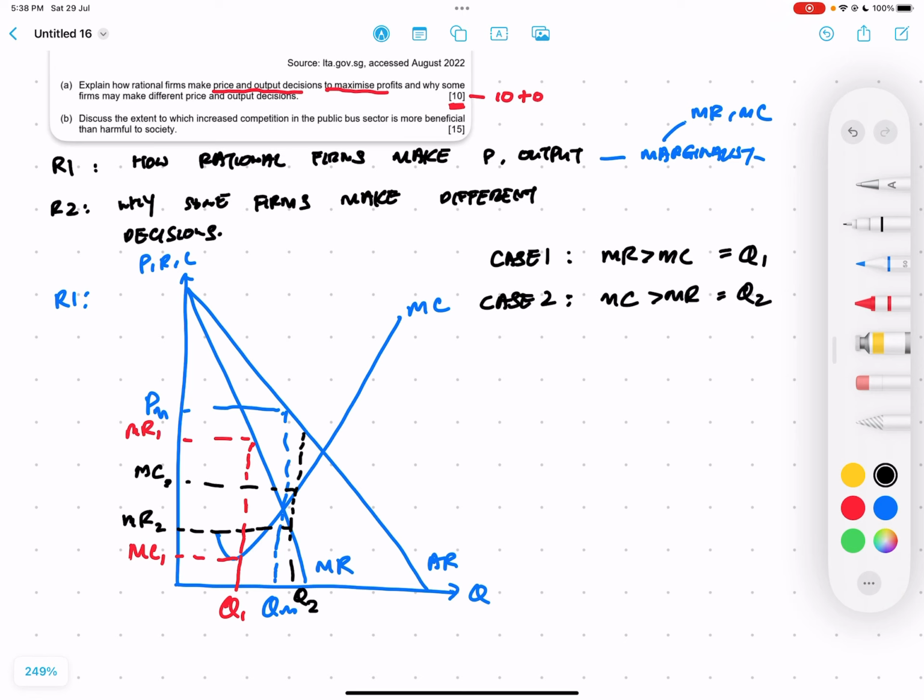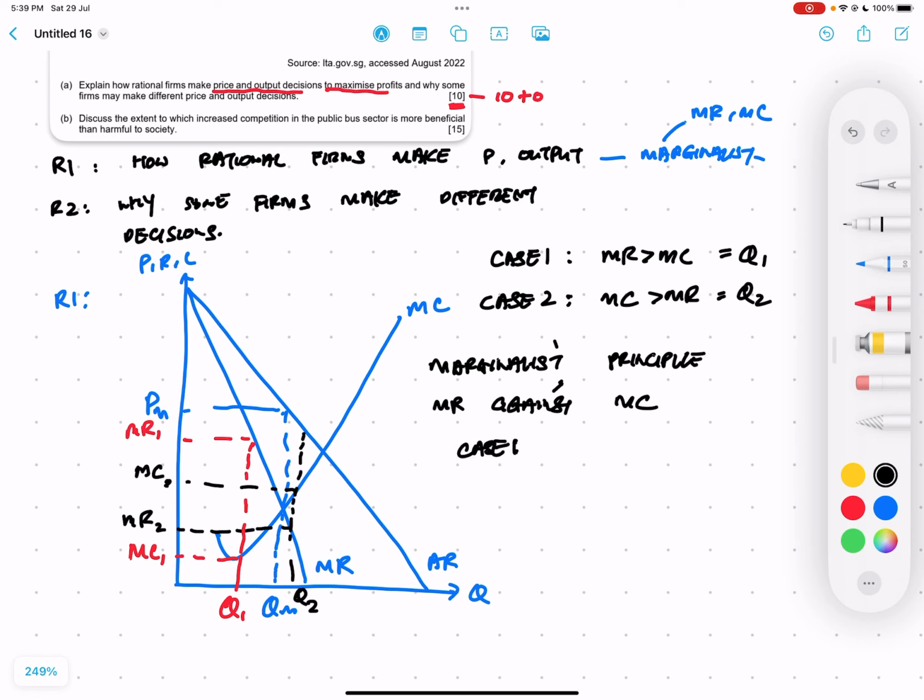You start by saying that firms make decisions using the marginalist principle, where they weigh the marginal revenue against the marginal cost. And then you look at case 1.